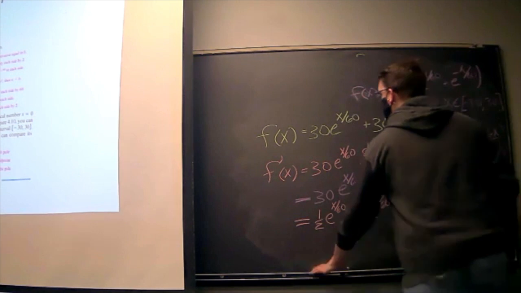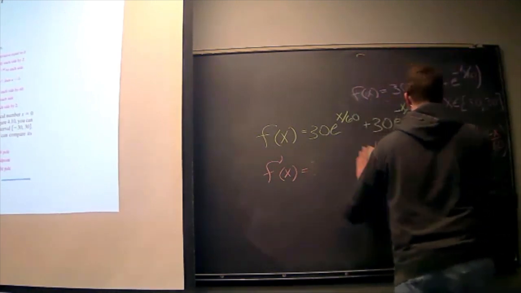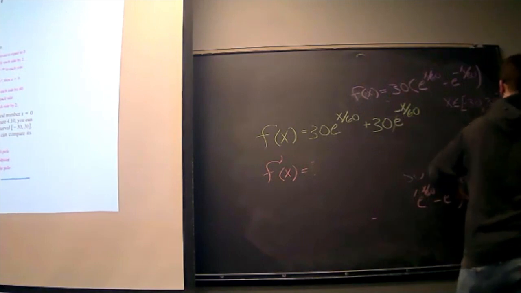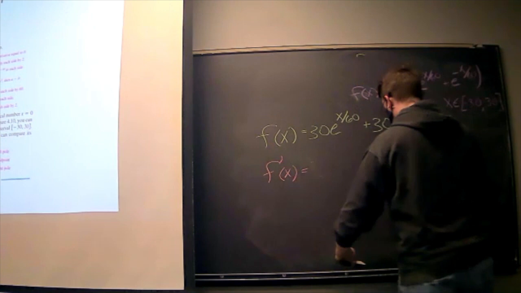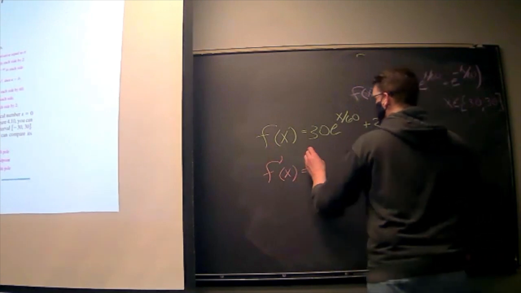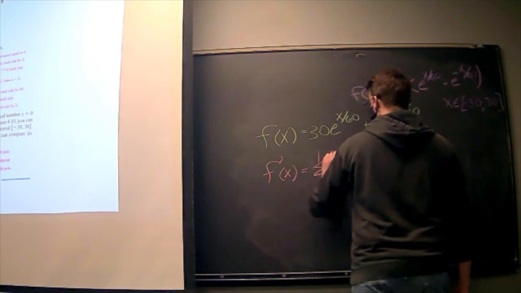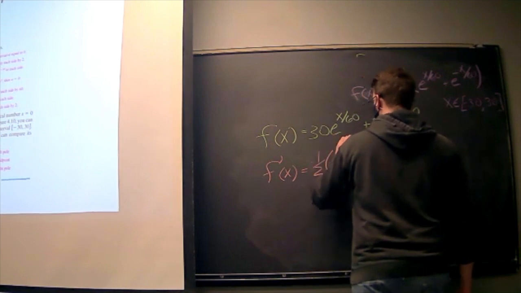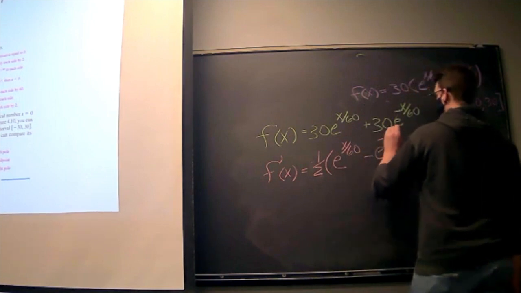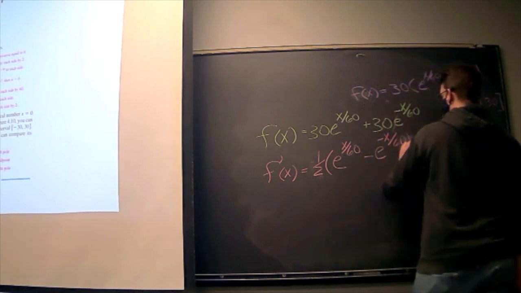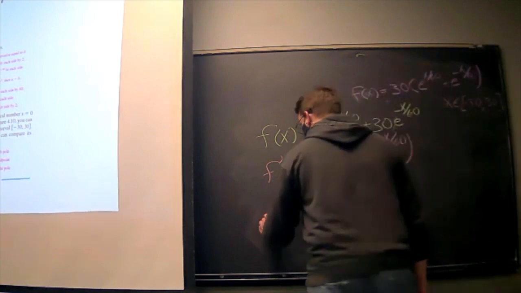So I'm going to go ahead and just clean the board up some, because all the work is up on the slide here. We're going to set the derivative equal to 0.